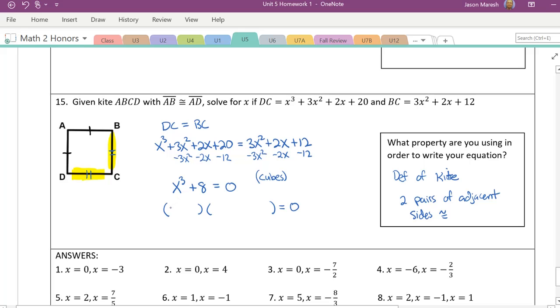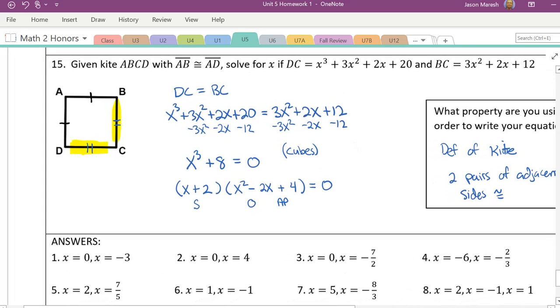And the binomial is going to be x plus 2, because the cube root of x cubed is x, and the cube root of 8 is 2, and it's the same sign. And then x times x goes here. 2 times x is the middle, and 2 times 2 is 4. Use the opposite sign here and make this one always positive.